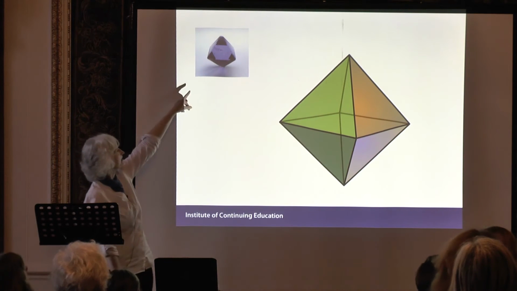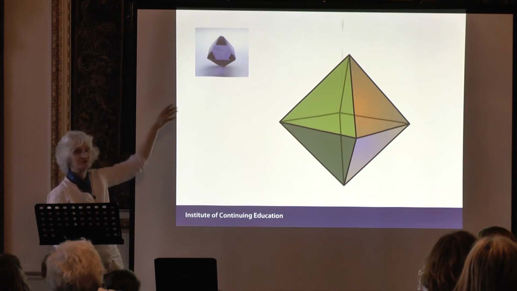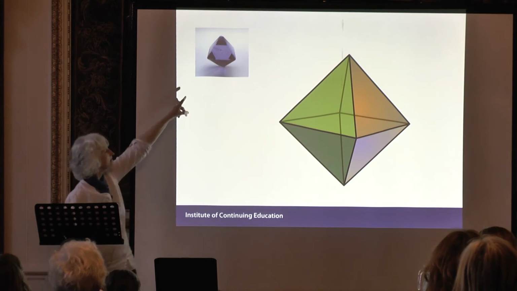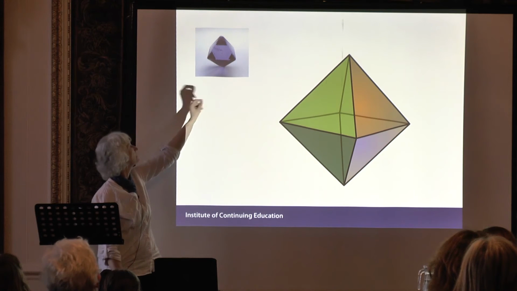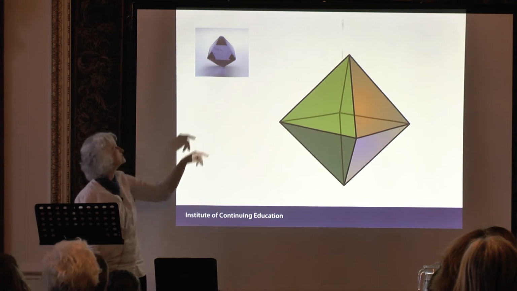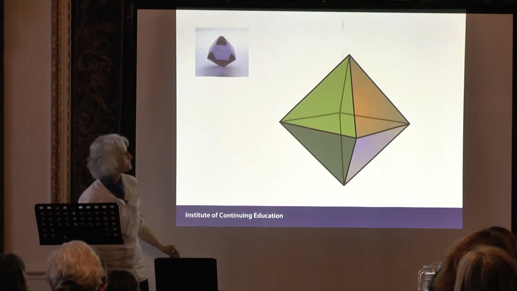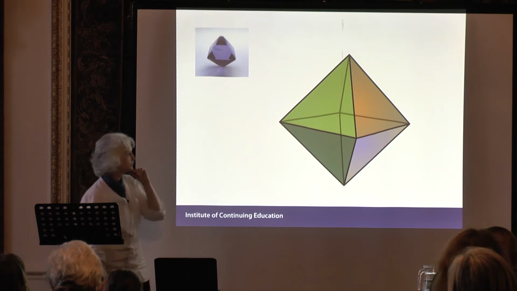Now, I've put this little thing in at the top because it's sometimes easier to see shapes on photographs because they have the shadows and everything. This is actually a little crystal of alum, aluminium sulfate. This one happens to be octahedral, and it might help you see the big diagram a bit better. So what have we got here?